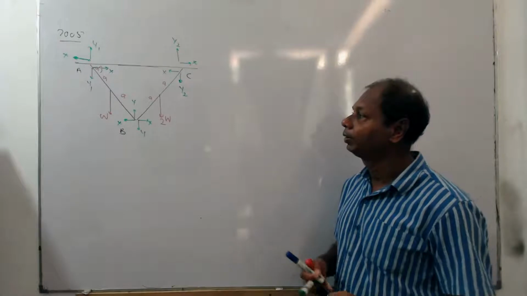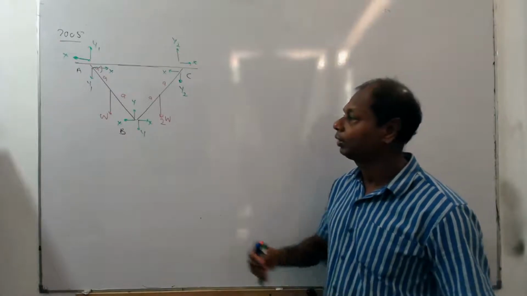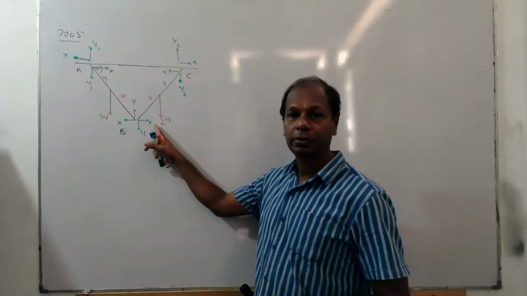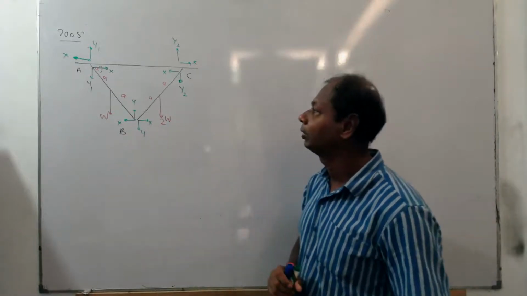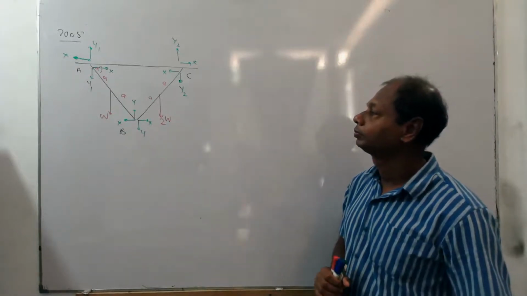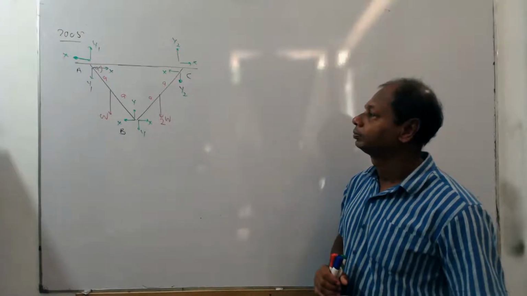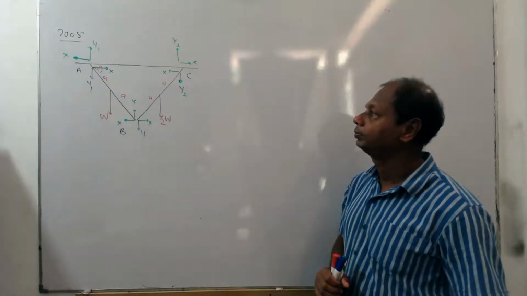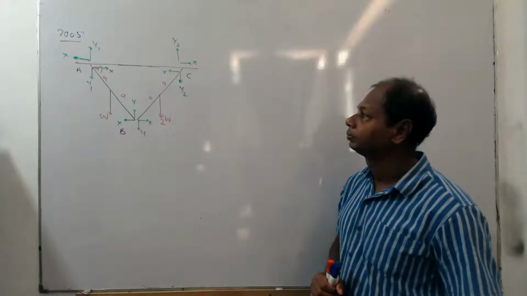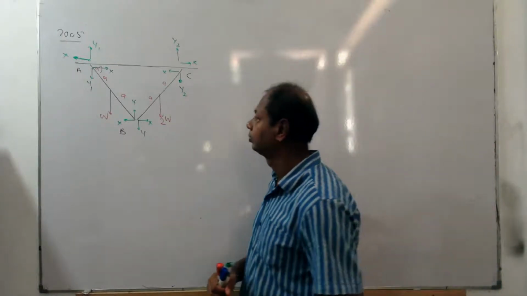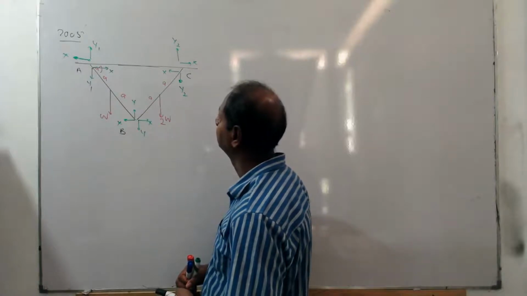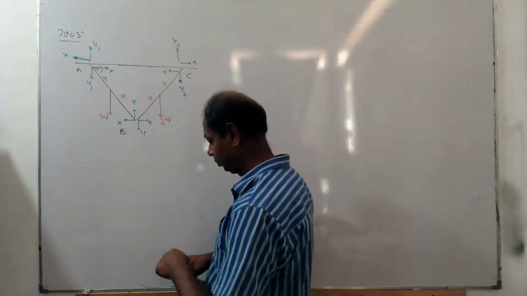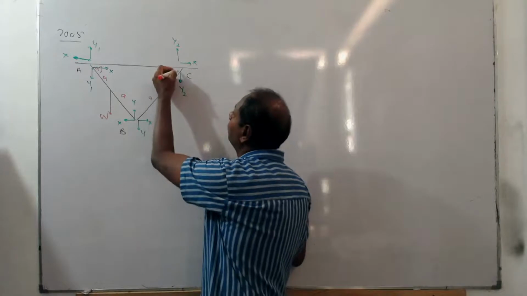We have to find the horizontal component of the reaction at B and also the vertical component. This will also be alpha.